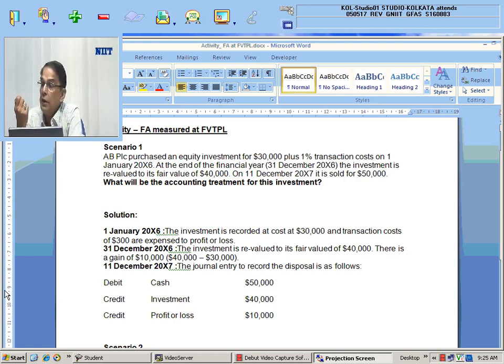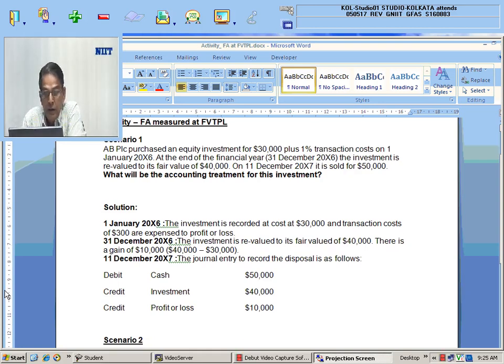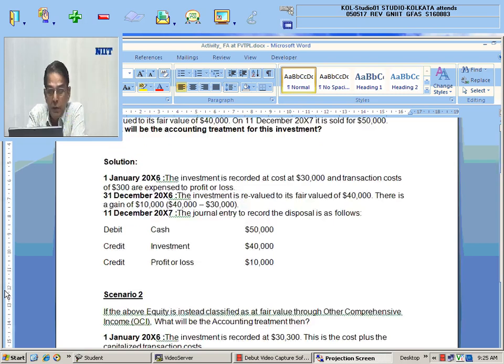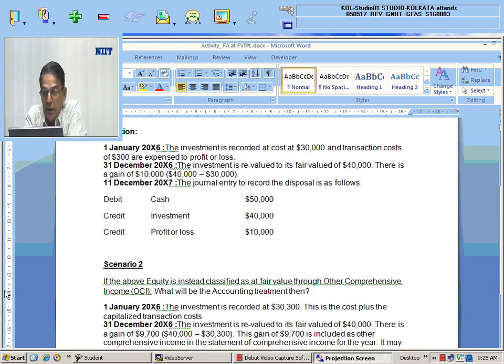But if the above equity was classified as at fair value through other comprehensive income, the accounting treatment will slightly change. On 1st of January 2006, the investment will be recorded at 30,300. Now the transaction cost will be added to the initial measurement of the financial asset.